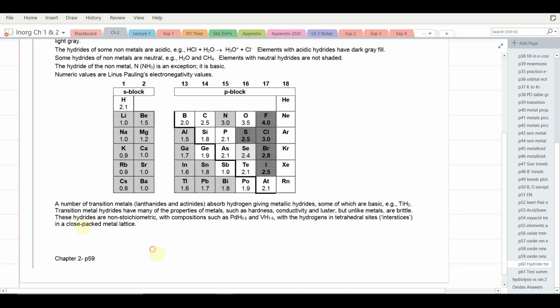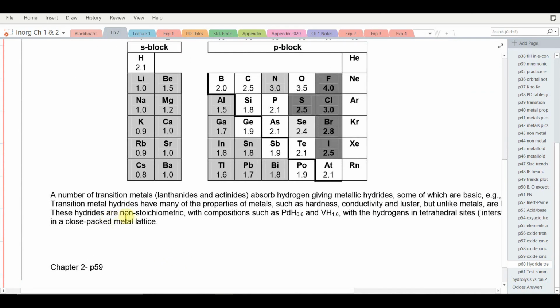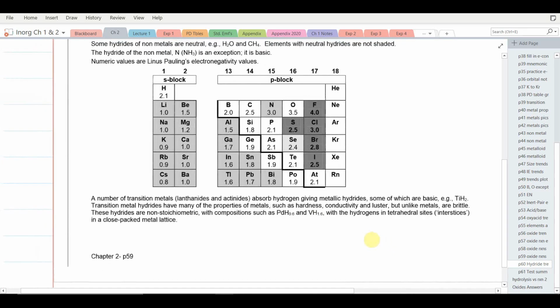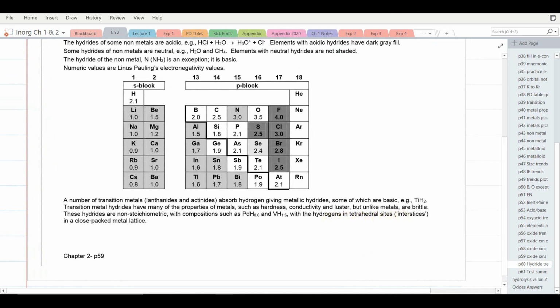Furthermore, these hydrides are non-stoichiometric in their composition. For example, palladium hydride 0.6 to 1 hydride to metal ratio, kind of odd. Vanadium hydride 1.6 to 1 hydride to metal ratio. These hydrogens are in the interstices, or the gaps between the metal atoms. So they're unusual, and that's all we'll say about them.